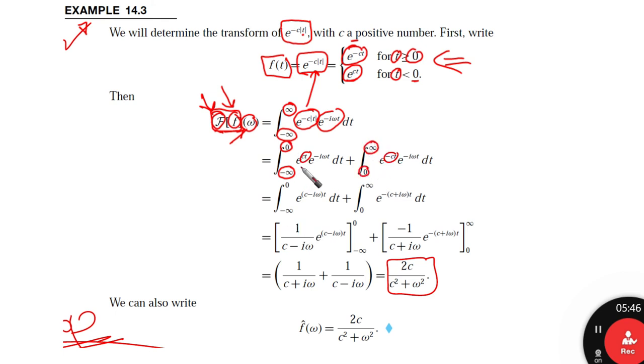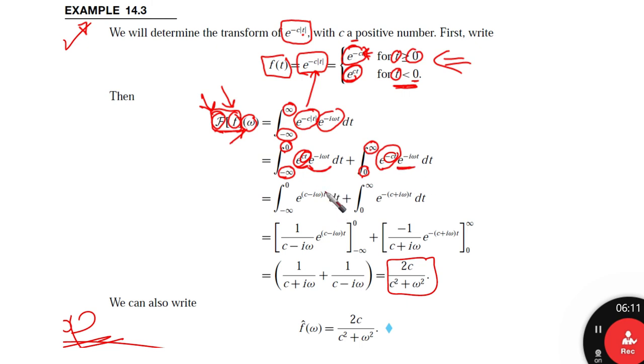Then we're going to have our function e raised to ct. This is for the case where t is less than 0, from minus infinity to 0. And then from 0 to infinity, this other part of the function would work, e raised to minus ct, times e raised to minus i omega t, and this is the same.